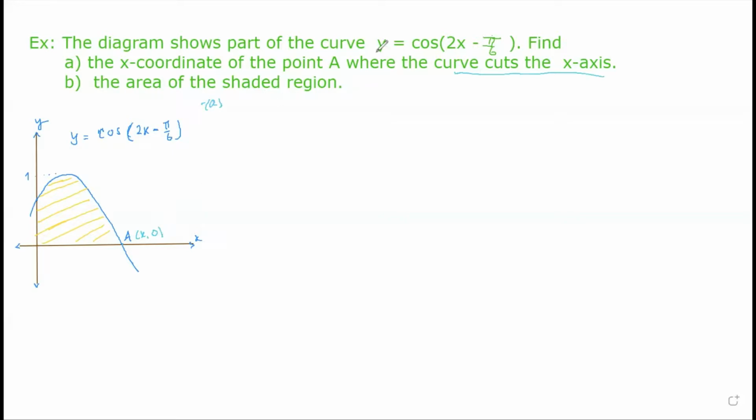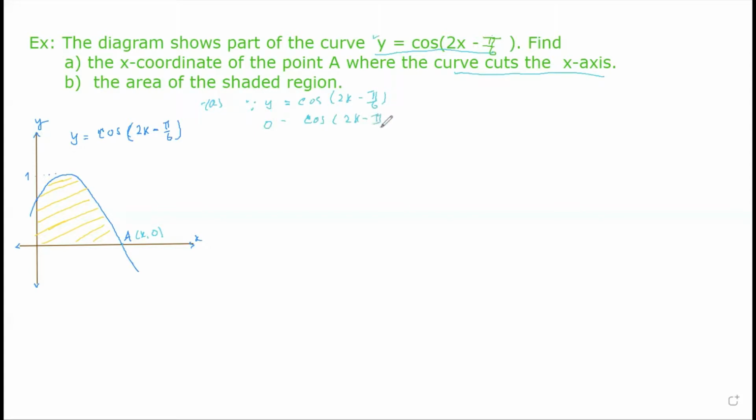We replace y equal to 0, so 0 equal to cosine of 2x minus pi over 6.